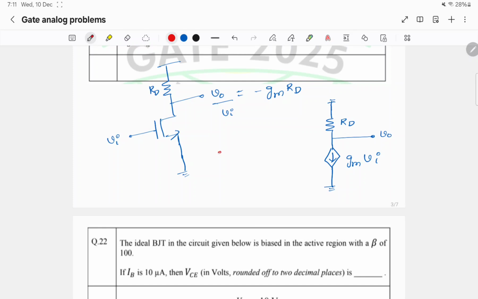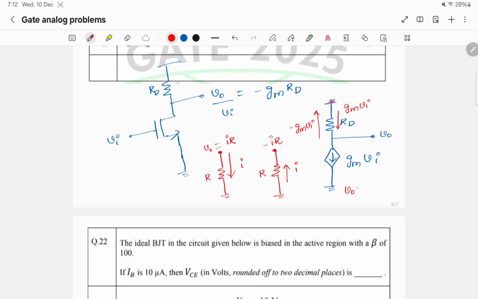If we have a resistor and current is flowing top to bottom, then this node potential will be positive, and the node potential will be I times R. If current is flowing from bottom to top, this node potential will be negative, minus I times R. Here the current flowing from ground to V0 is Gm times Vi, and the current flowing from V0 to ground is minus Gm times Vi.